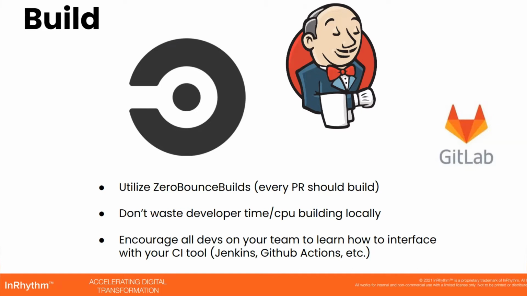Going along with that, I also think it is important to encourage the developers on your team to learn how to use whatever CI tool it is that you've picked for your package. Sometimes you might have a build fail, and it's not always such a straightforward error. Being able to go and read the logs on Jenkins or the logs on GitLab, and at least have some idea of what's going on.